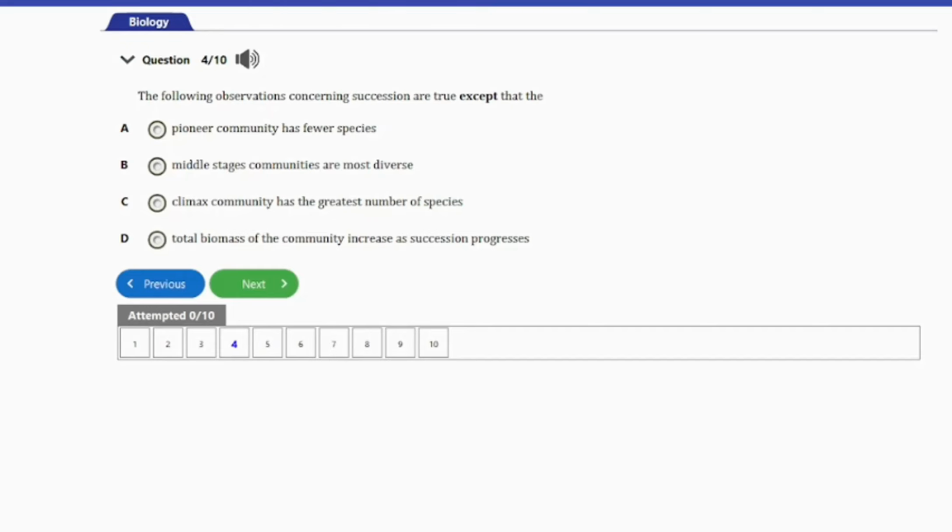C. Climax community has the greatest number of species. D. Total biomass of the community increase as succession progresses. So guys, the answer to this question is option B here. Middle stages community are most diverse. So that's it for that question. Let's go ahead and consider the next question.